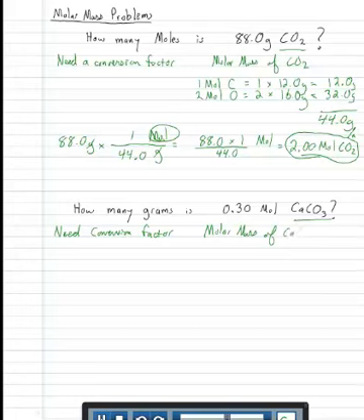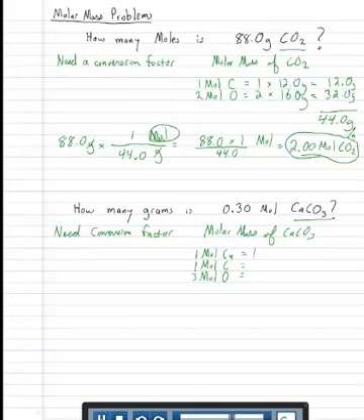We need to, again, calculate that. And 1 mole of CaCO3 is made up of 1 mole of Ca, 1 mole of carbon, and 3 moles of oxygen. I get my periodic table, and I can calculate this pretty easily.